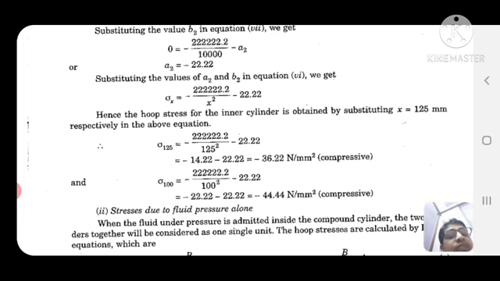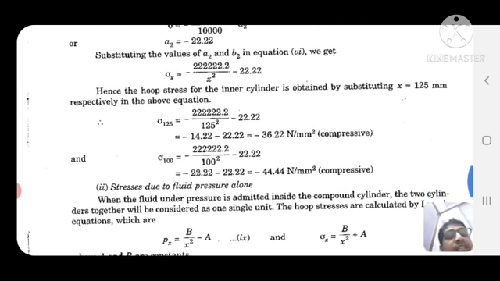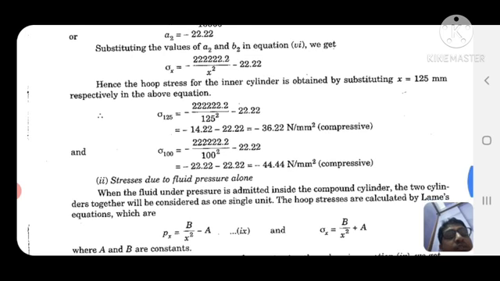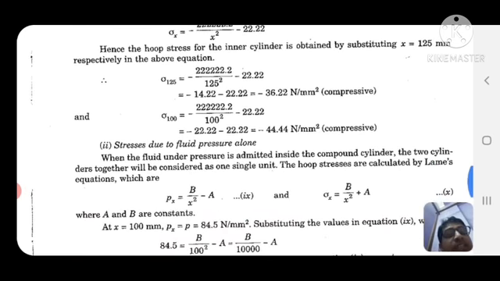Substituting the values of A2 and B2 in the equation, we get sigma x equal to minus 222.2 by x square minus 22.22. Hence, the hoop stress for the inner cylinder is obtained by substituting x equal to 125 millimeter.